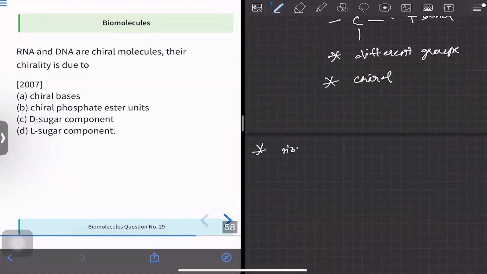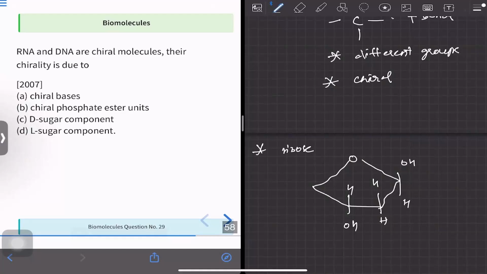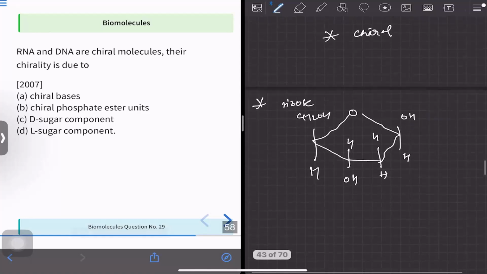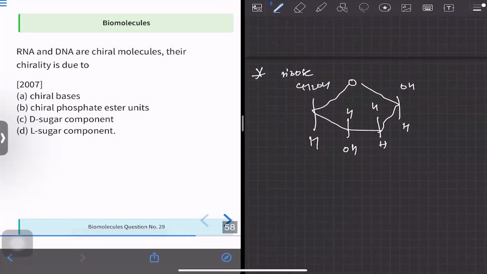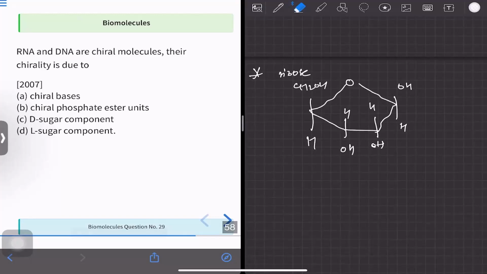Let's see the ribose structure. The ribose structure includes OH, H, H, H, H, OH, and CH2OH and H. See, the ribose molecule is also a chiral substance, where the first carbon is attached to CHOH, OH, and the second carbon is also attached to H and OH, the third carbon H and OH, and the fourth carbon CH2OH and OH.